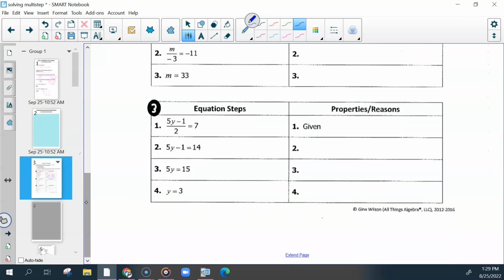In number 3, we have our original. What change or what property did we use to get from step 1 to step 2? What would we have subtracted? Oh, in number 3.